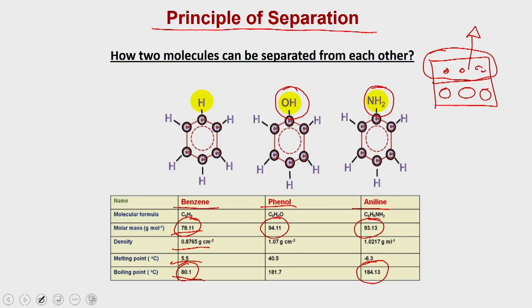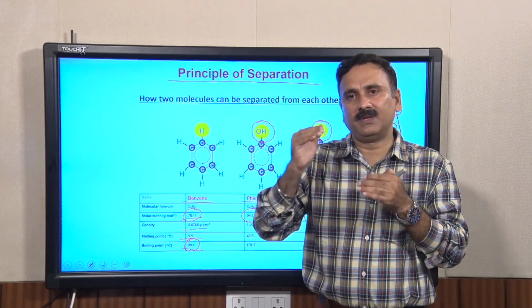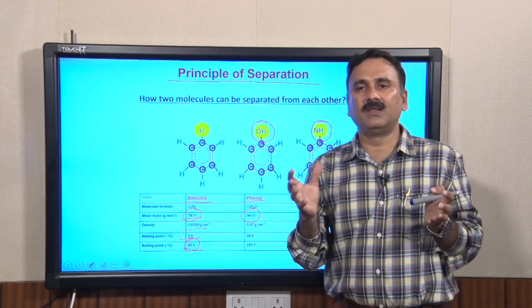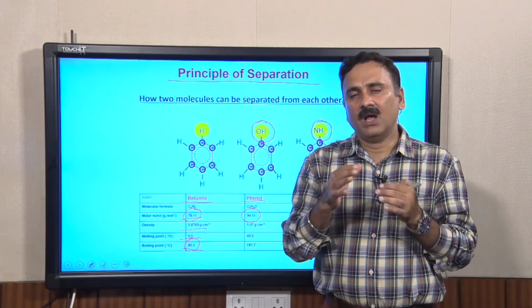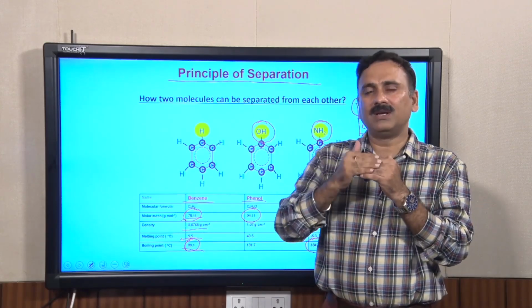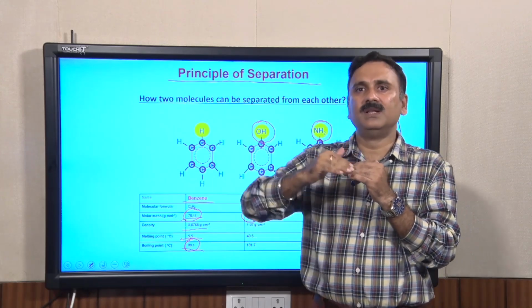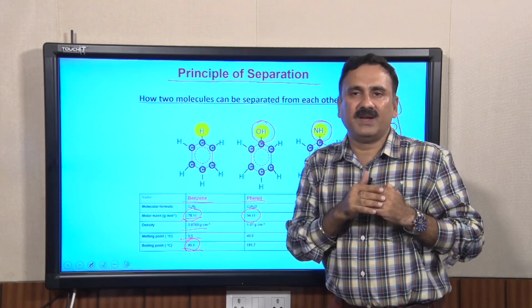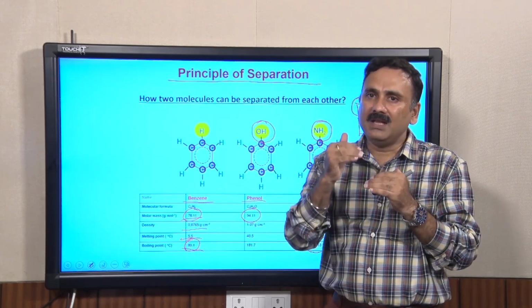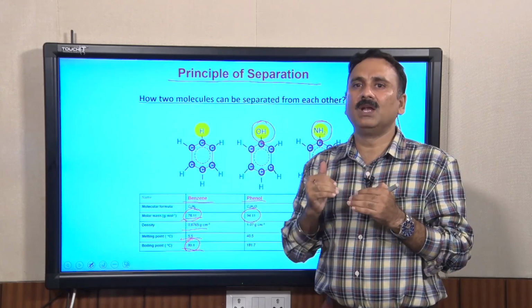When we took the example of distillation, we showed that if you heat the solution which contains benzene and aniline, the benzene has more tendency or more affinity towards the vapor phase, whereas the aniline wants to remain in the liquid phase.